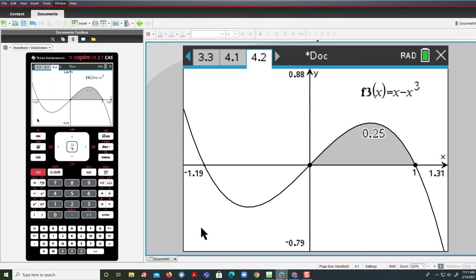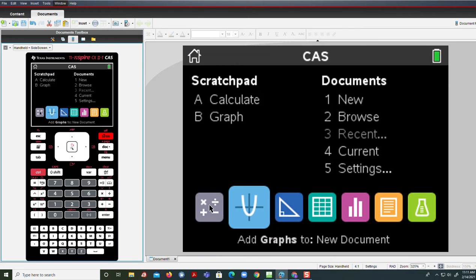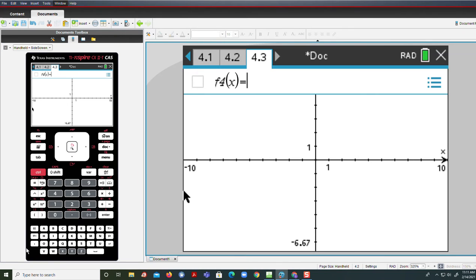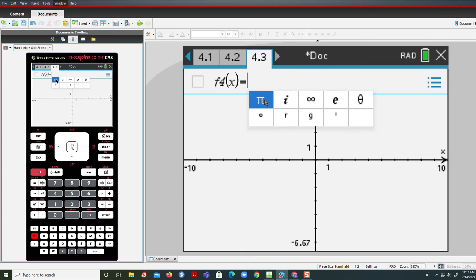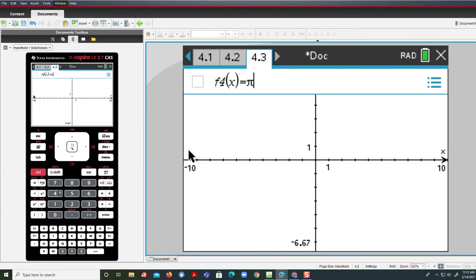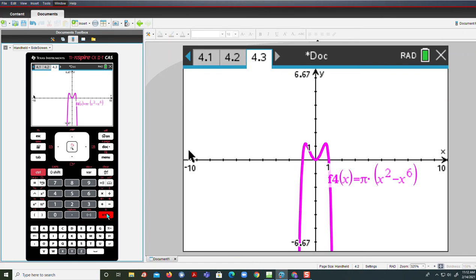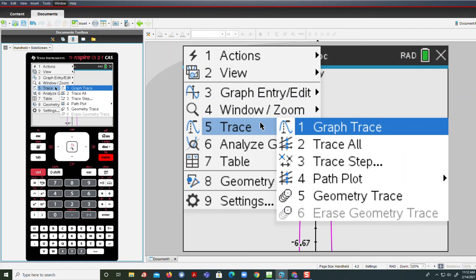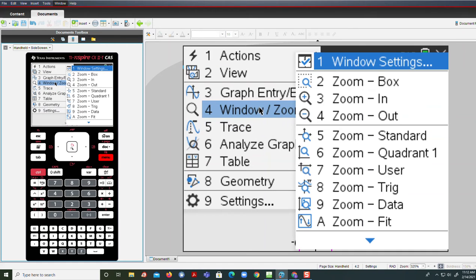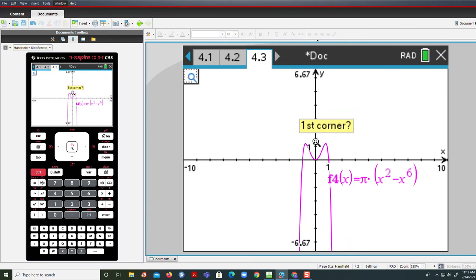The first way we're going to do this is we're going to graph our function, our cross-sectional area, or I should say, yeah, area function, really. Don't forget a parenthesis like I just did. And x to the 6th. Okay. And I am just going to, I want window, let's do zoom box.